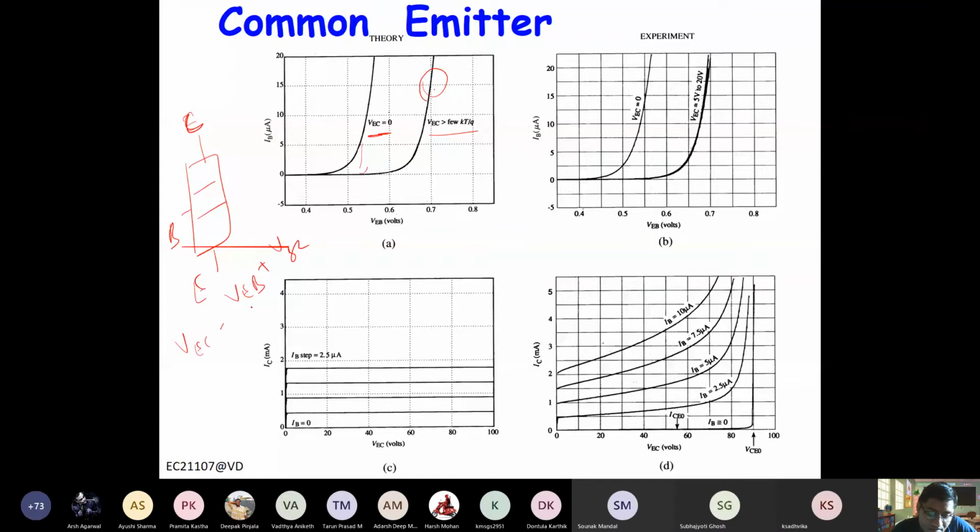Now, if VEB is forward bias, then VBC has to be negative, and negative VBC, if this is P and P, right? So negative VBC means the base collector junction is also forward bias. So when VEC is 0, that means both the junctions are forward bias. So in that case, of course, your IB will be high because from both the sides the current will flow.